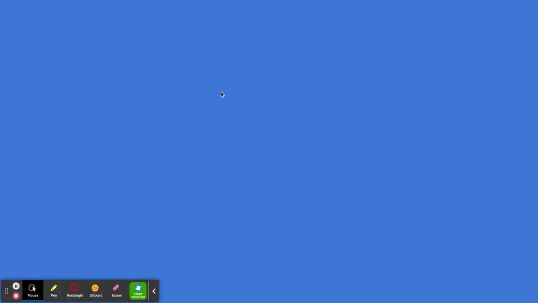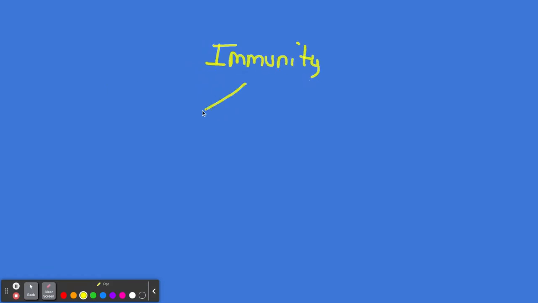All right, so let's make this chart here. We'll say immunity. Make sure our pen works. All right, immunity. So we have innate immunity, and again, that's what you're born with. We'll just write born with. When you're born, you have these white blood cells that protect you.